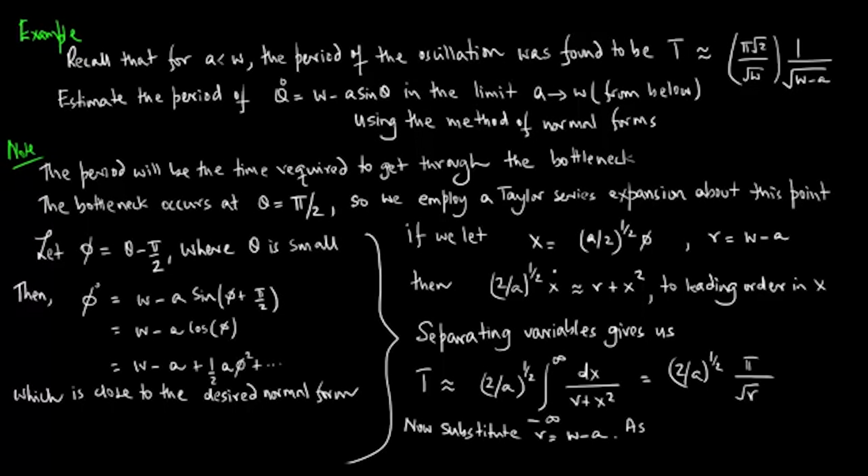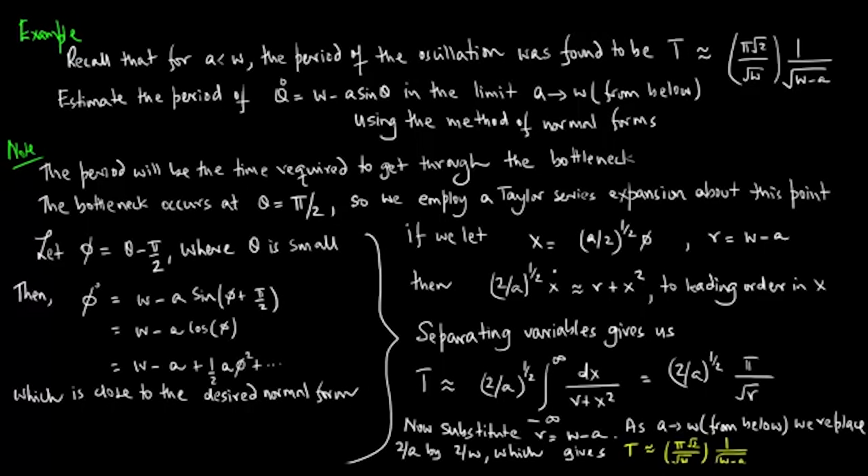Now as a tends to omega from below, we replace 2 by a with 2 by omega, which finally gives us capital T approximately equal to pi times the square root of 2 divided by the square root of omega, times 1 divided by the square root of omega minus a.